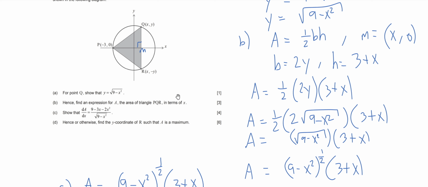So we're going to choose 3 over 2 as the x coordinate of R, and if x is 3 over 2, then the y coordinate of R is minus y, and we know that the y coordinate of Q is root 9 minus x squared. So the y coordinate of R is just the negative of this because it's minus y. So we're going to pick x is 3 over 2, and the y coordinate of R is minus root 9 minus x squared.